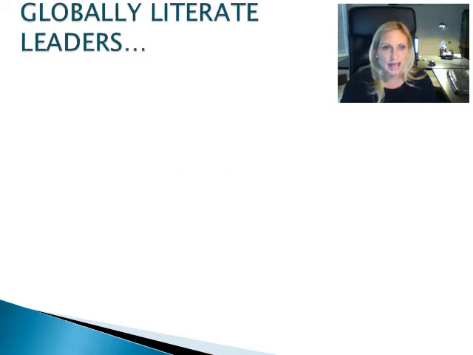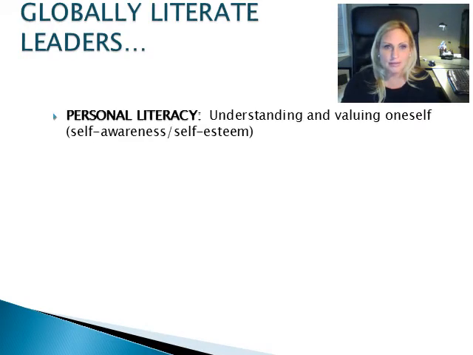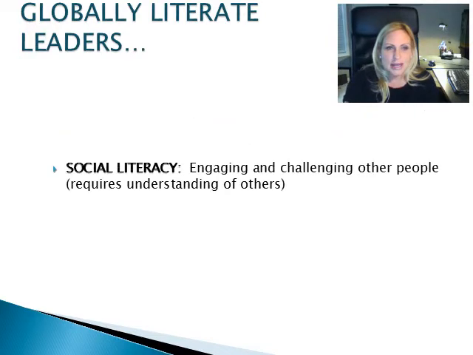The one thing that the book talks about that I want to make sure you're aware of is that in this day and age, in order to have a solid communication foundation, people have to be versed in personal literacy, that's understanding and valuing oneself, so self-awareness, self-esteem. Also, social literacy, which is engaging and challenging other people's feelings and understandings.